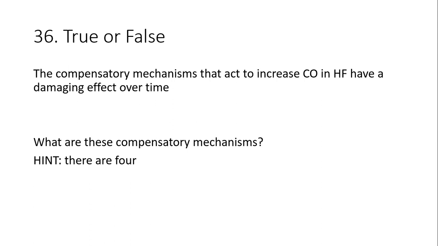So as heart rate increases and the vasoconstriction, the blood pressure goes up. Blood pressure increases our afterload, which is the force the ventricles need to overcome to push blood out. So that creates more work on the heart. And as the heart rate goes up, that creates more demand as well. So when the heart's failing, over time that's going to be damaging.